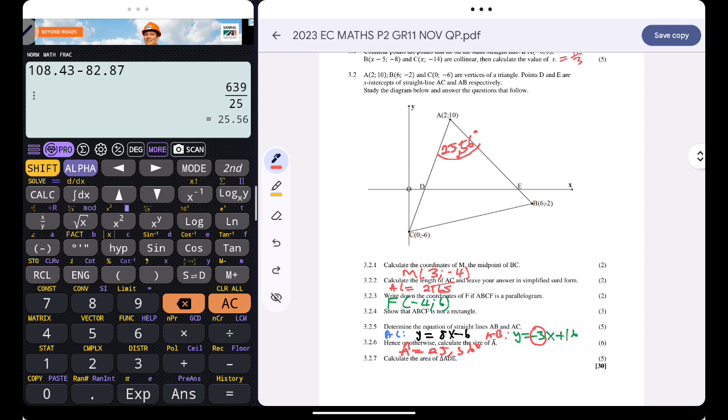And I did calculate the length of this side to be equal to 2 square root of 65. All I need to find is the length of line AB, and then use the area rule to find the area of that triangle, right? So all I need to do is to find AB.